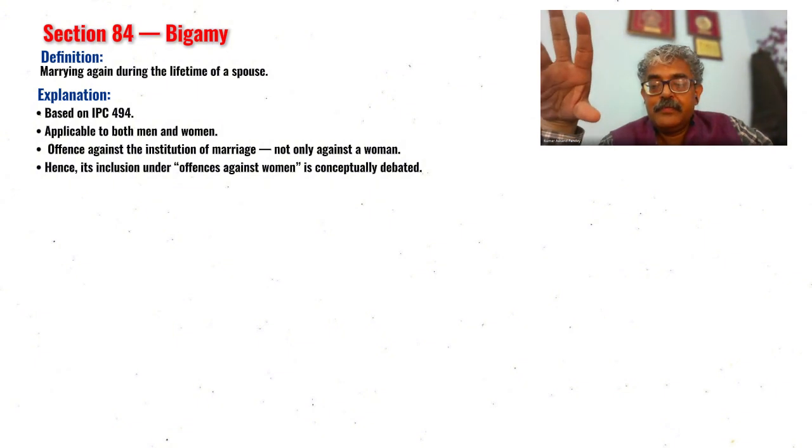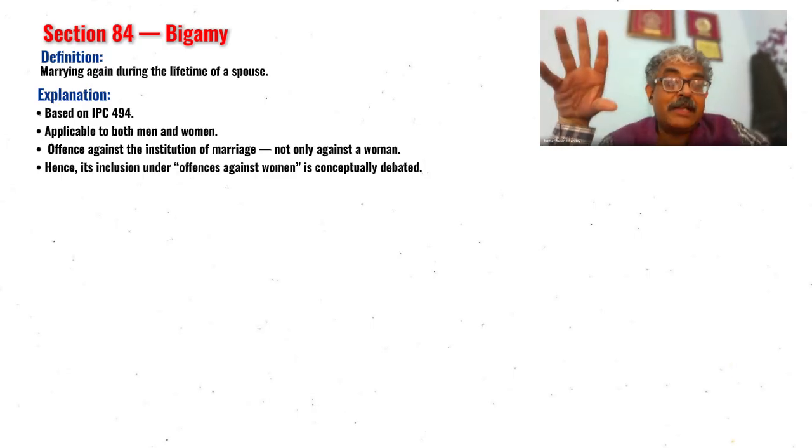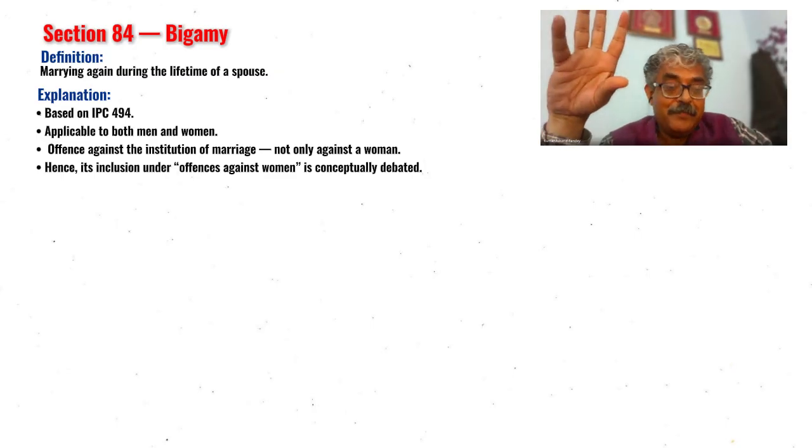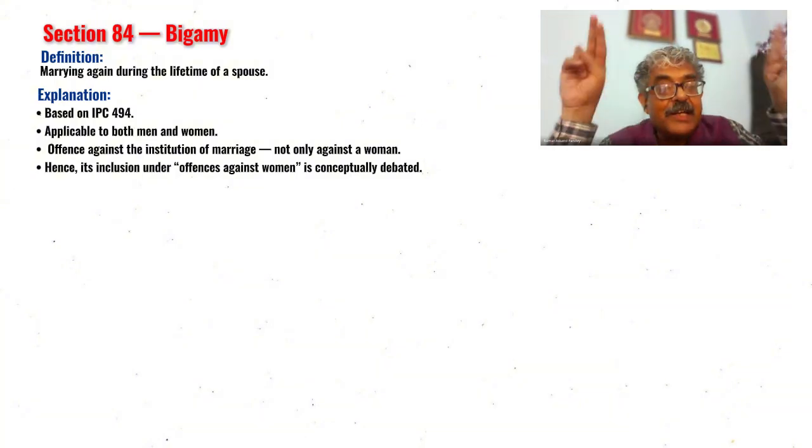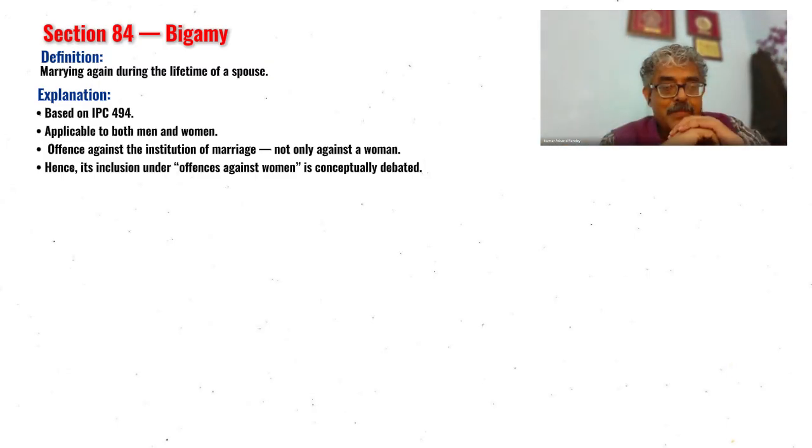But then, both a man and a woman can commit the offence of bigamy while remaining married. So, including bigamy in a chapter that is titled Offences Against Woman and Child, to my understanding, doesn't make sense.